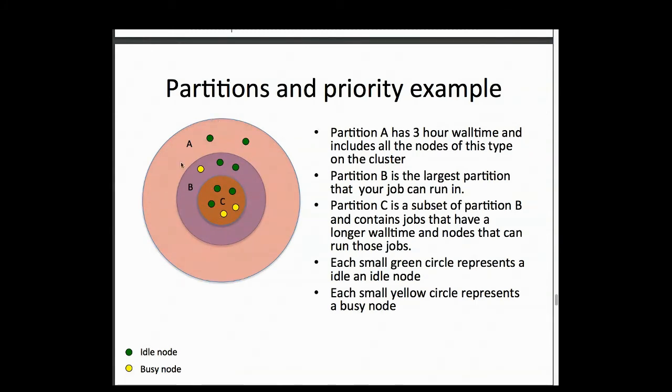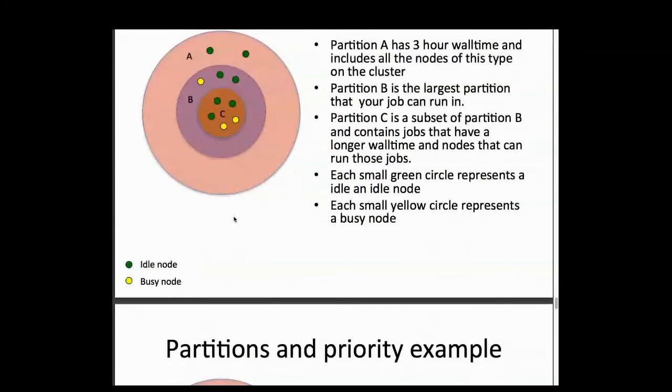Partition B is the largest partition that your job can run in, and partition C is a subset of nodes in partition B, and contains jobs that have a longer wall time and nodes that can run those jobs. So each green circle represents an idle node, and each yellow circle represents a busy node. So we see here there's 10 nodes. 3 of them are busy on this cluster in this example.